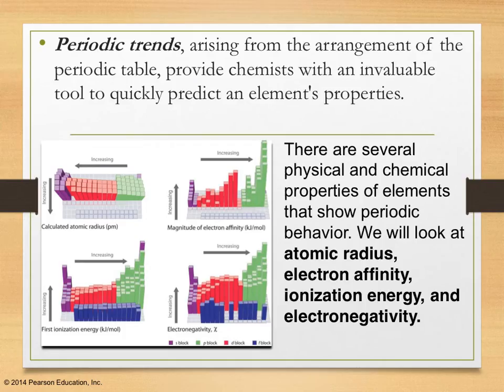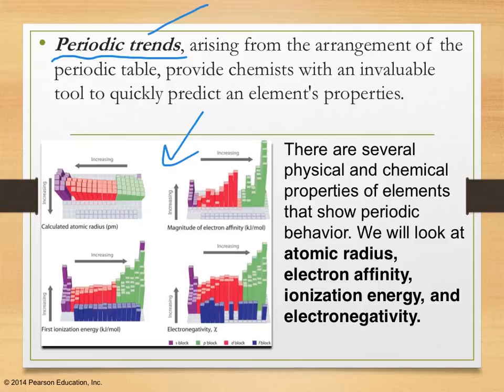Well, you might be asking yourself, as I probably would be, what's the purpose of periodic trends? Why do I have to learn this? Well, chemists, instead of having to look up every single individual element and all the zillion properties it can have, can at a glance look at the periodic table, and because we have what we call periodic trends, we can estimate the approximate reactivity or the approximate size or how hard it's going to be to remove an electron just by knowing the trends and in what direction they go.